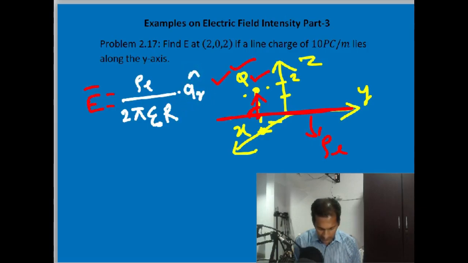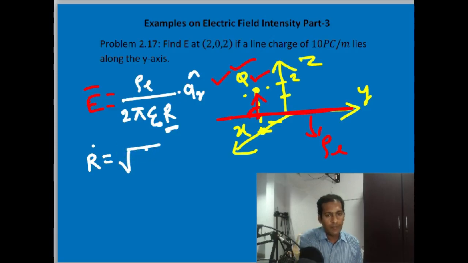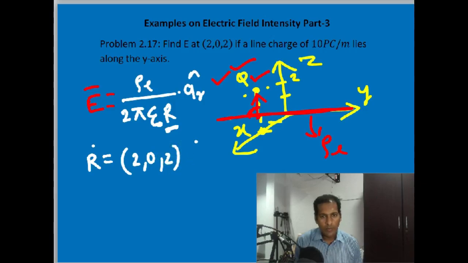So let us first find the R, the position vector. This position vector we can find as the destination point minus the source point. The destination point is (2, 0, 2), because that is the place where we want to find the electric field intensity, minus the other point, which we are considering at the origin.